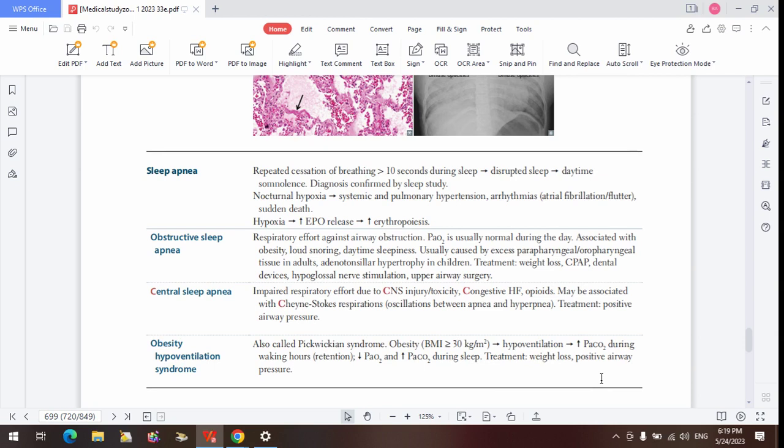So if you are seeing this picture of elevated PaCO2 in these waking hours and the person is obese, that's obesity hypoventilation, not obstructive sleep apnea. So you guys should not confuse it. Elevated PaCO2 during the day in someone that is obese, obesity hypoventilation, because they cannot breathe.